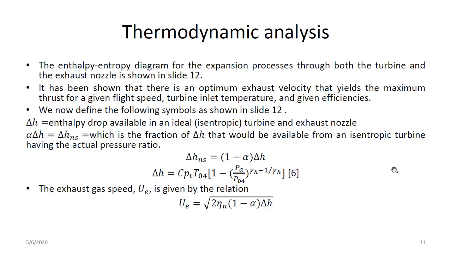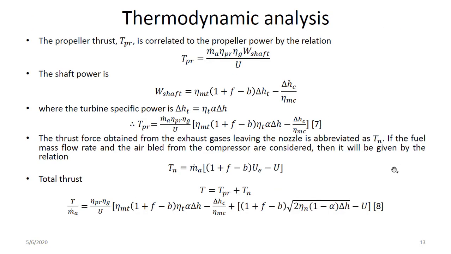So eta N is the nozzle efficiency, and this ratio is the change in enthalpy of the nozzle, or the fraction of change in enthalpy that would be available if the isentropic turbine had the actual pressure ratio, okay?